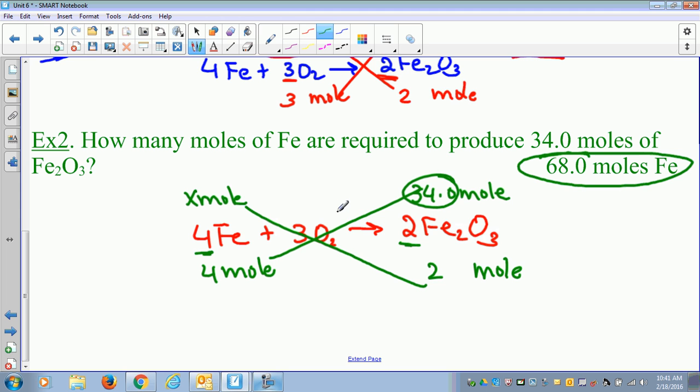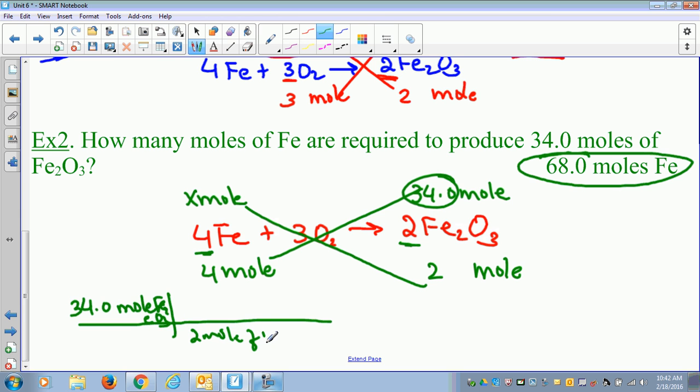As I said, and I'm saying it over and over, this is the easiest stoichiometry you can learn. The other way around is that you start with your unit: you have 34.0 moles of Fe2O3, and then you see that 2 moles of Fe2O3 is using 4 moles of iron.